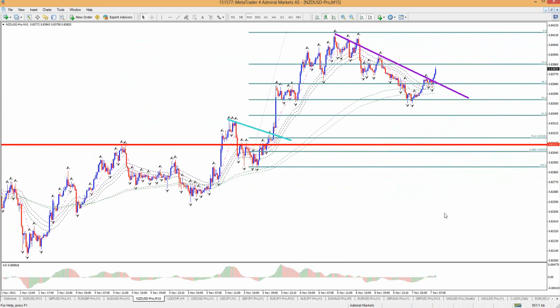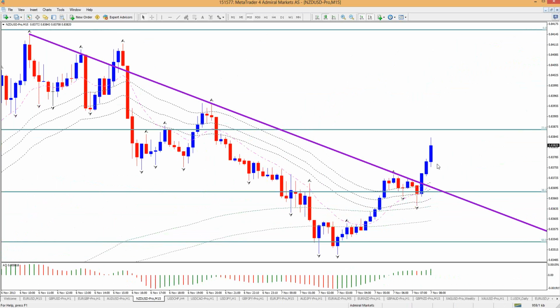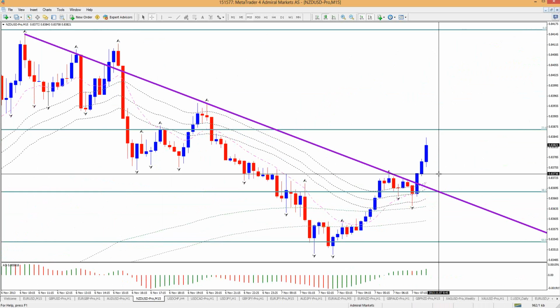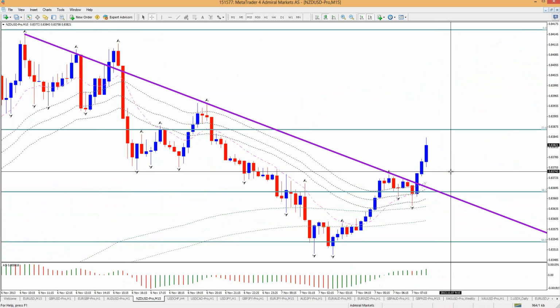Let's take a look at the 15 again. Maybe I'll put a pending order at 83.75. If it does dip just a few pips, the stop loss is below here.